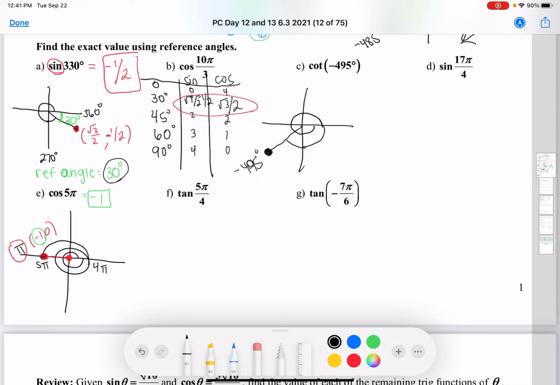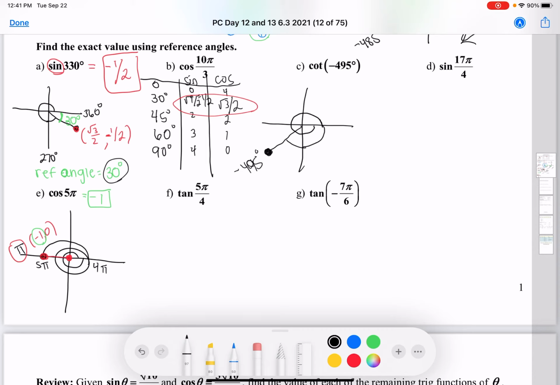I highly recommend, guys, on these, maybe pausing for yourself, or if that was confusing, how did I get to that spot? Rewatch that, and then maybe try it for yourself without just copying down what I'm doing. So we're here at negative 495.